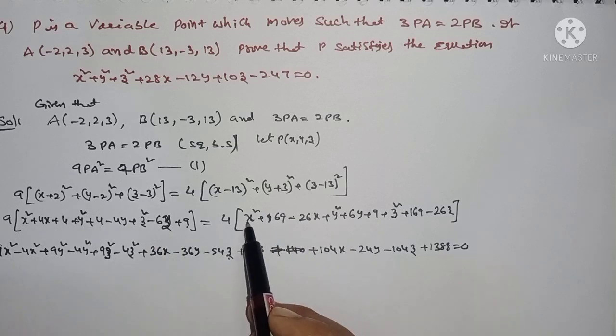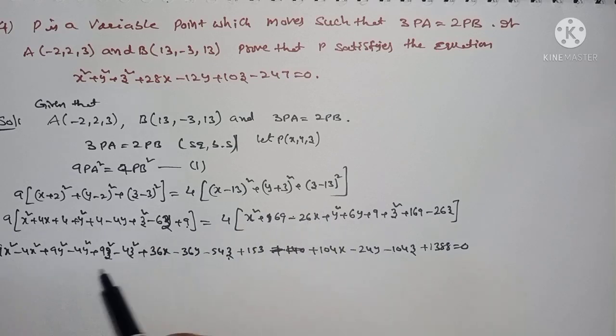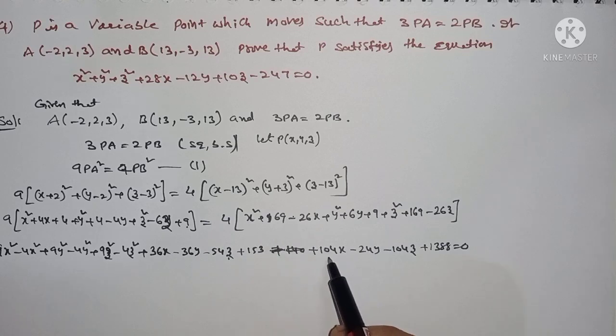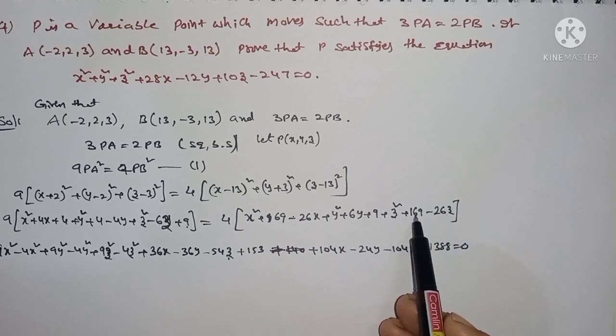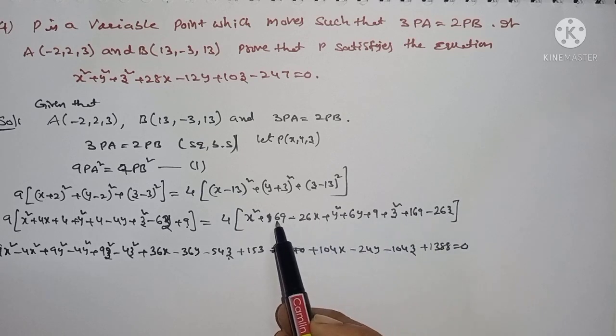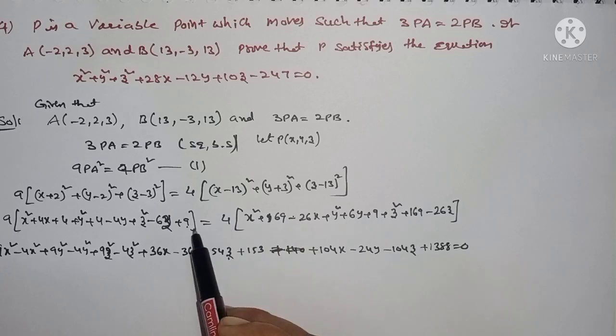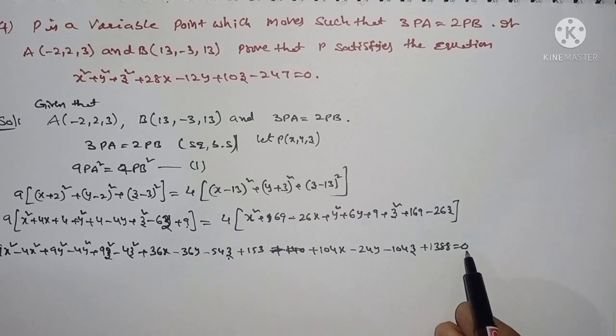And the remaining 4x square, 4y square, 4z square you are getting. And next, 104x minus 24y minus 104z plus, again 169 plus 9 plus 169, you can simplify and multiply with 4, you get 1388. This is simplification you can do.